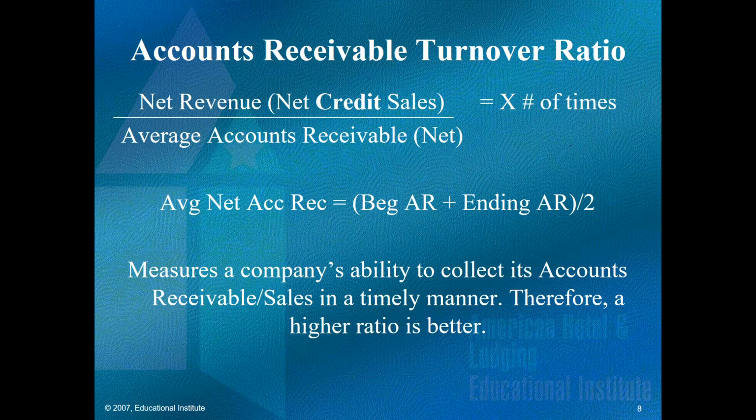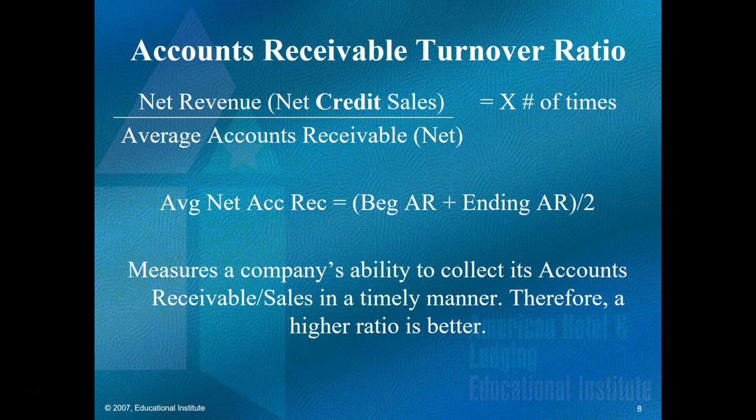If we wanted to assess this ratio for, let's say, the 4th quarter of 2016, we would include credit sales from October 1 to December 31. So we would include October, November, December for our credit sales.